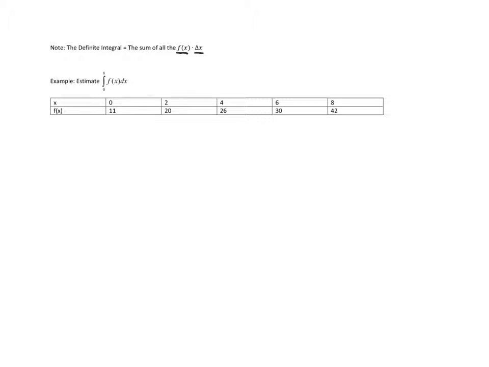So if you notice here, from 0 to 2, 2 to 4, 4 to 6, and 6 to 8, these are all a width of 2. So here I would say delta x equals 2. The left-hand sums correspond from 0 to 2 to the value of the function on the left.